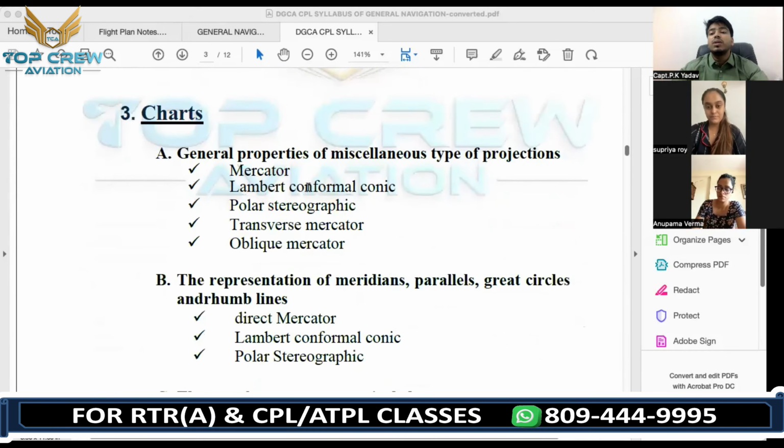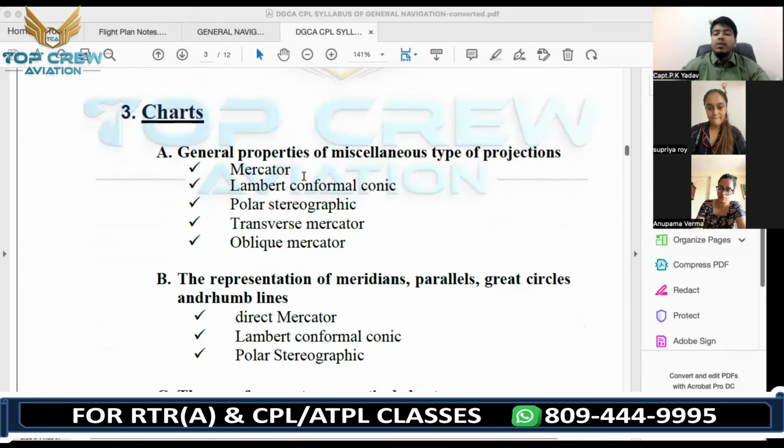Charts. Because to fly from point A to B, from Jaipur to Bangalore, earlier we were using charts only, and it is very interesting. I don't know whether you are aware or not.